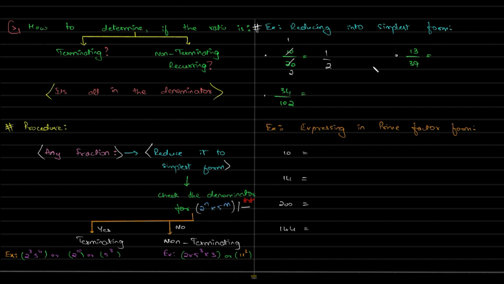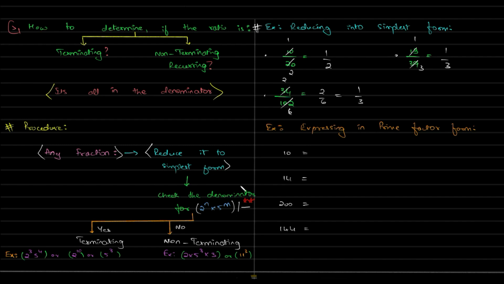So we have 1 by 2. Here, both the numerator and denominator are divisible by 13. So this is 13 ones and this is 13 threes, 1 by 3. Here, both of them are clearly divisible by 17. 17 twos is 17 sixes. Even 2 by 6 is further divisible by 2, so it is 1 by 3. So this is how you reduce it into simplest form.